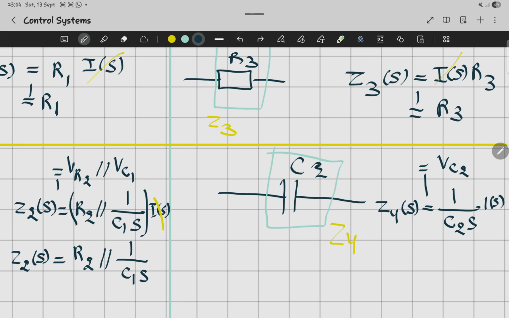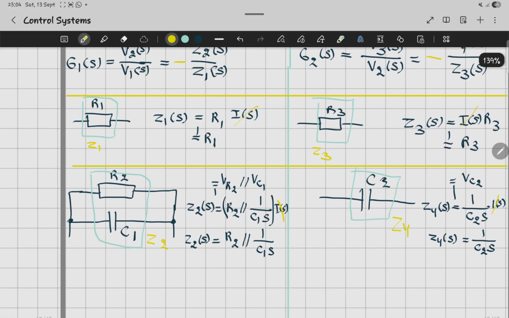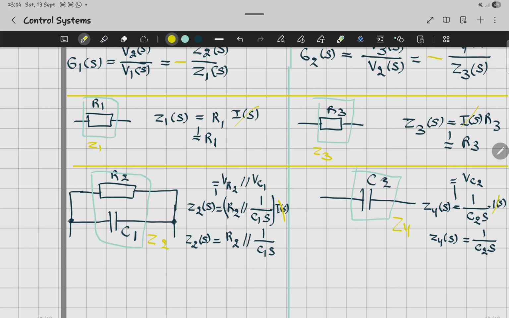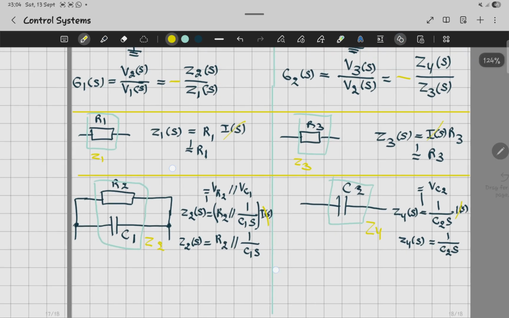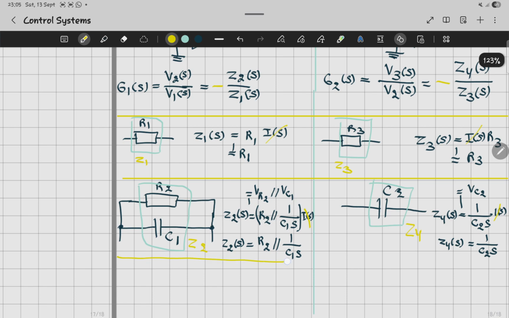So when you cancel out the current, you're going to remain only with Z4 equal to 1 over C2 s. So this is what we're going to get. Now that we have all of this, we'll be able to solve this question.